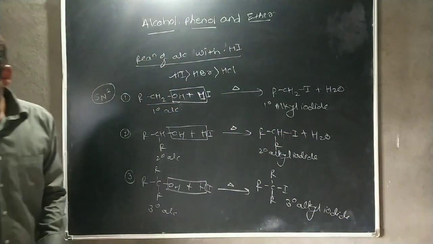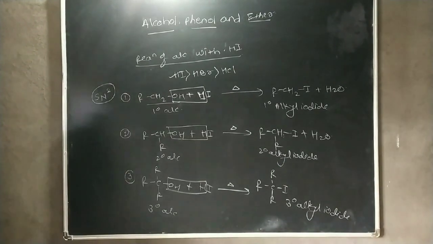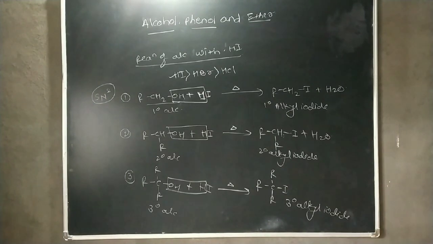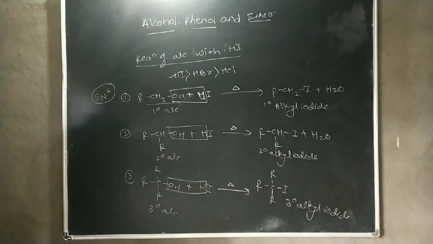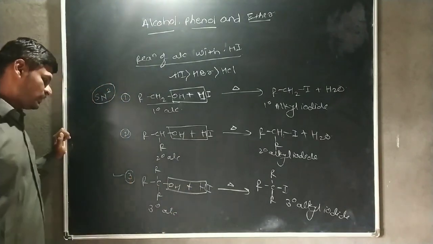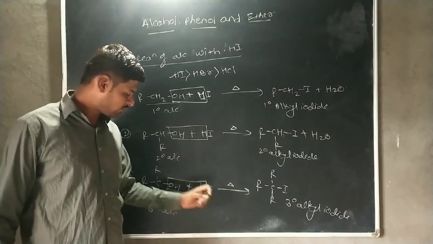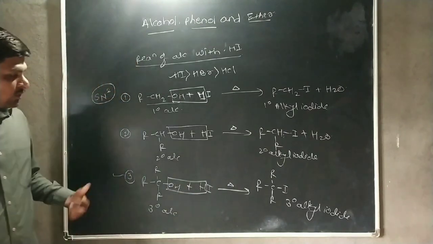That means in this reaction, a primary as well as a secondary alcohol is reacted with HI, but in this case the reactivity of the tertiary alcohol is also greater and the reactivity of HI is also greater.